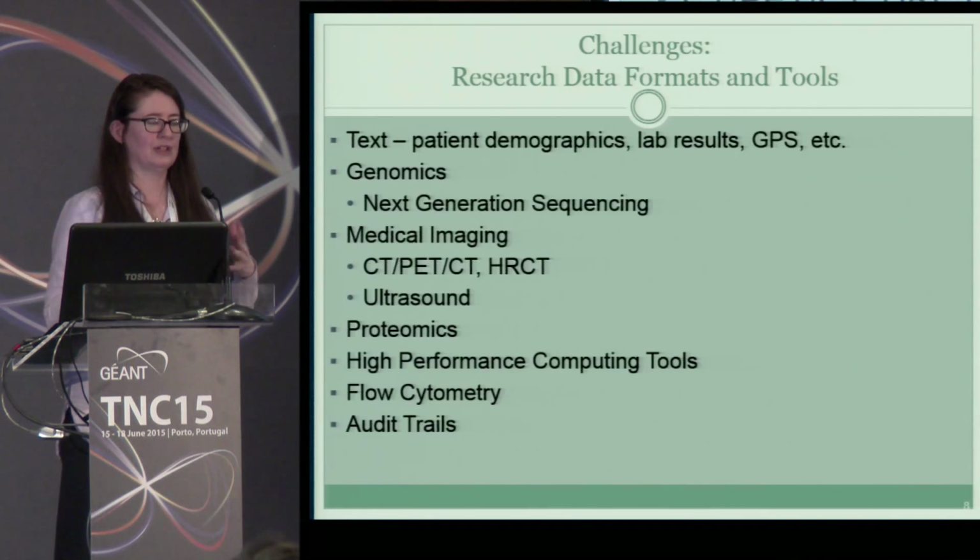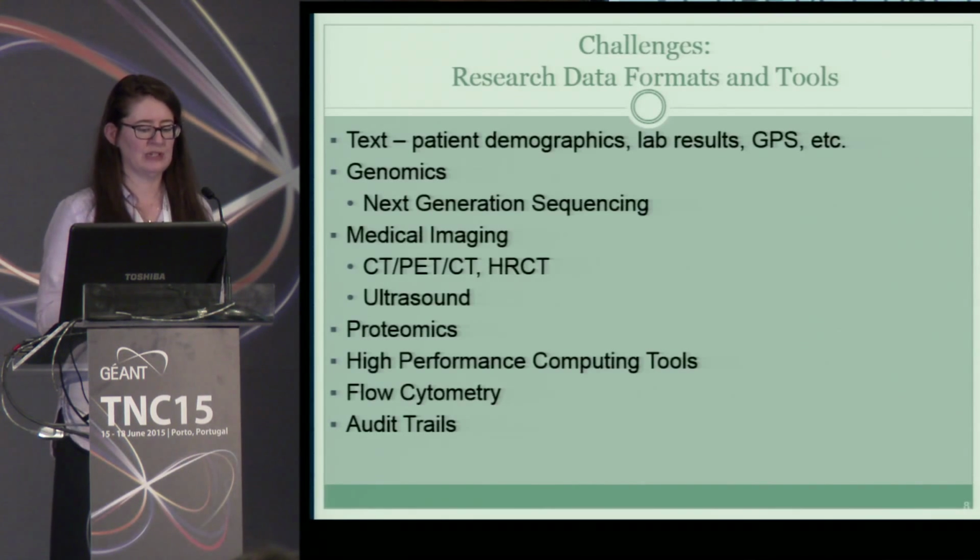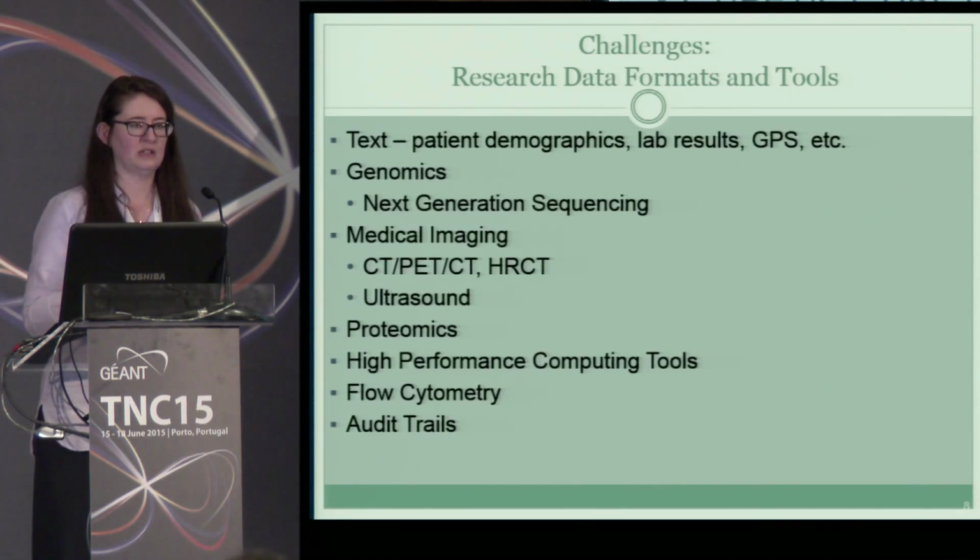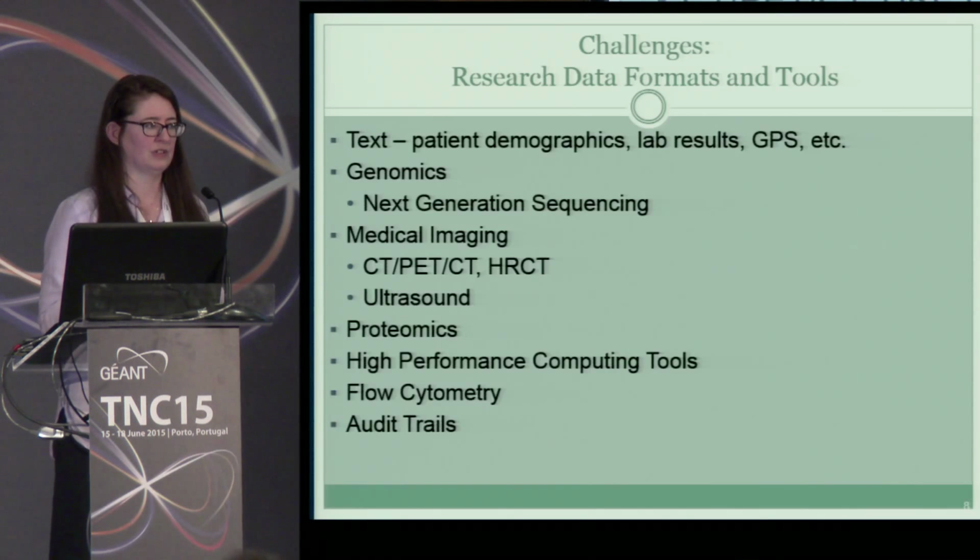What about using cloud services? What kind of applications do these groups really need outside of the usual wikis and mailing lists and whatnot? Well, when it comes to health research, they need a lot, and it's not a lot that we normally see in sort of the high-level collaborations that we as NRENs often manage.